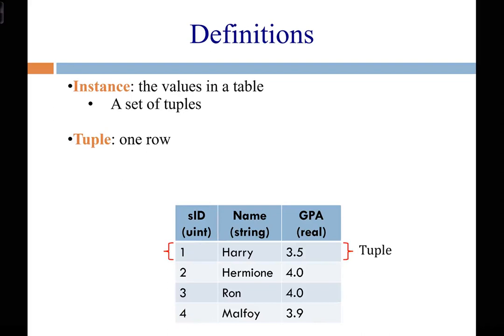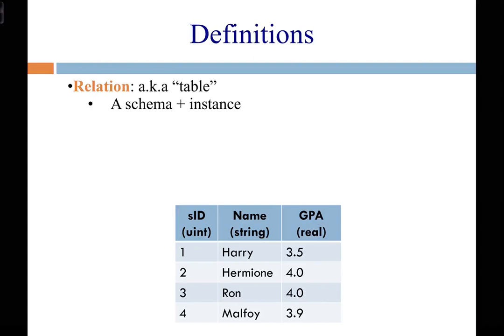An instance is comprised of one or more tuples, where a tuple is just the full row, some combination of individual data cells. All of this together gives us a relation. Okay, and then remember, it's very important to keep in mind, oh, by the way, check out Hermione's GPA.